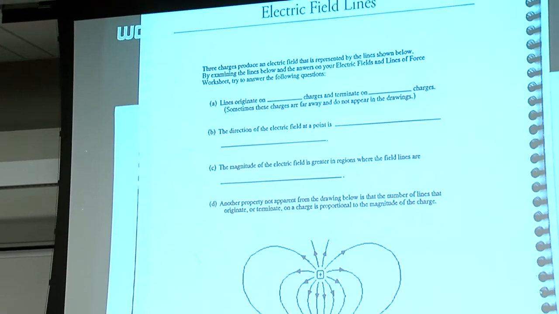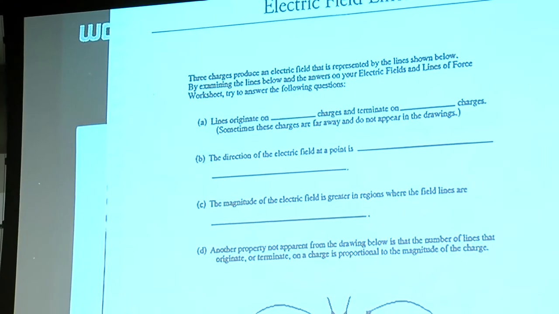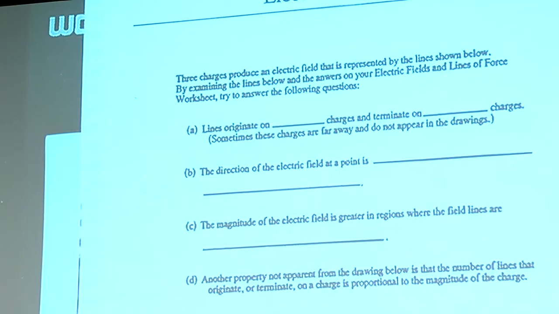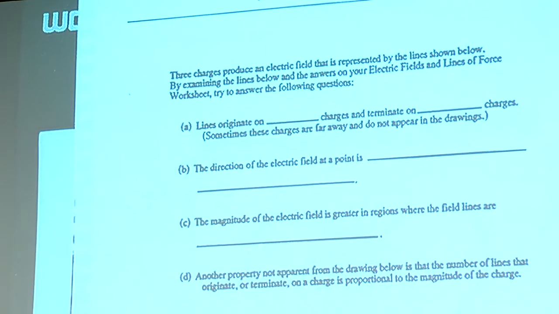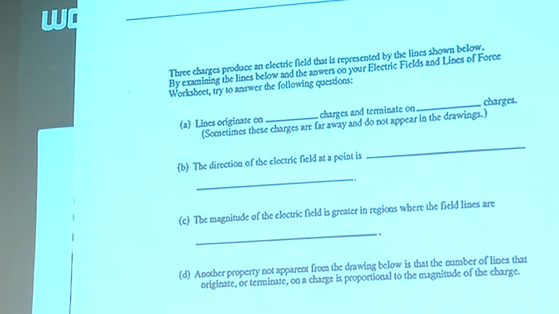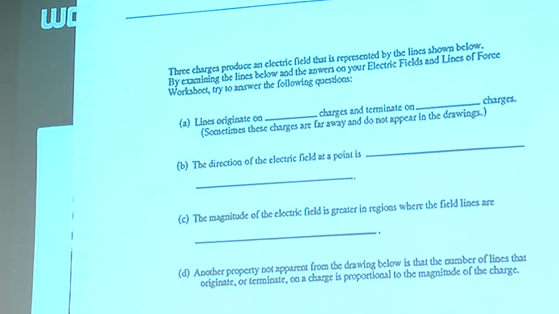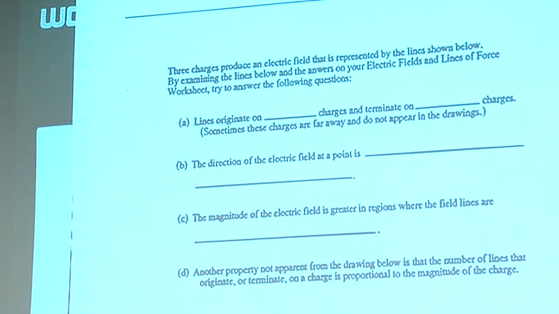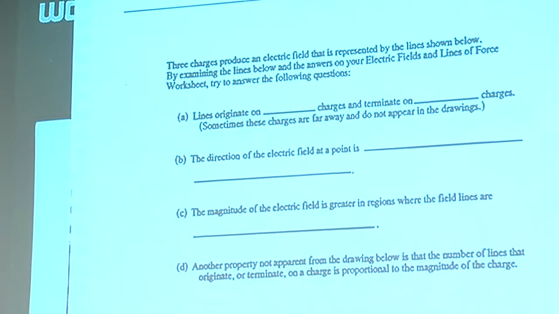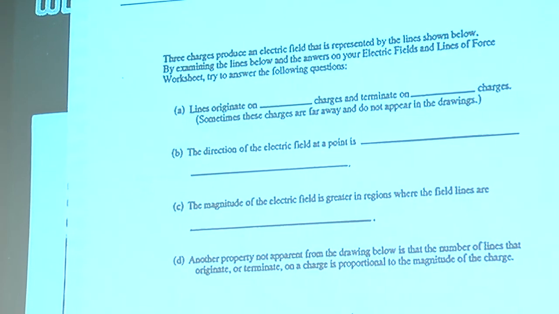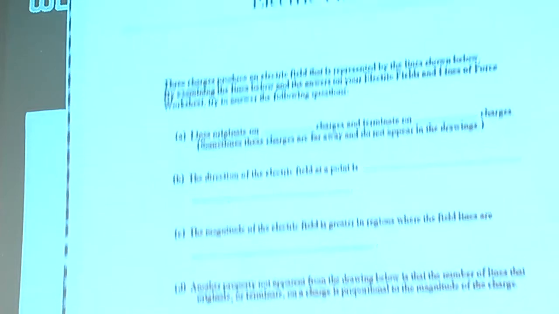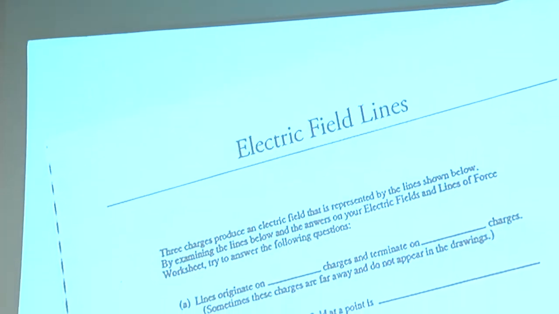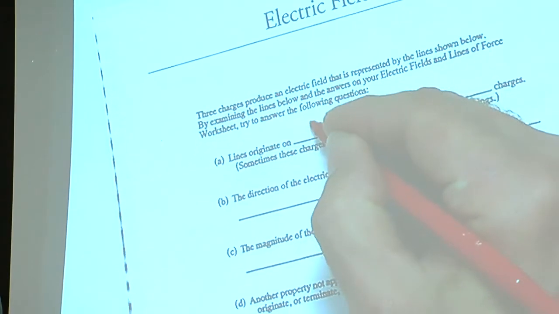So I've already told you the answer to the first one, didn't I? It says electric field lines originate on what kind of charges? Positives.